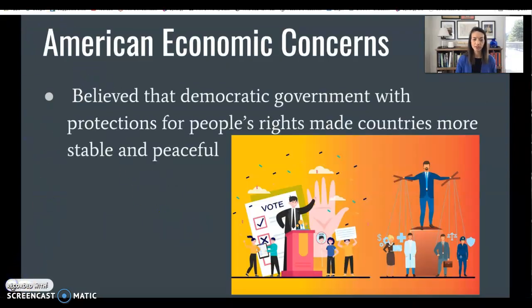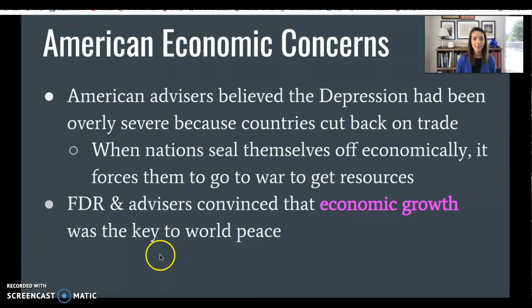I'm going to go backwards just a second. Sorry. So, economic growth is the key to world peace. They believed that if countries were making money, that means those countries had money. The people within those countries were relatively happy, right? Because they were making money.